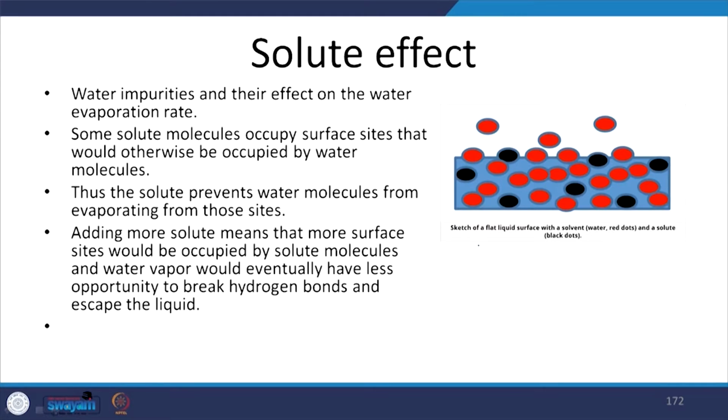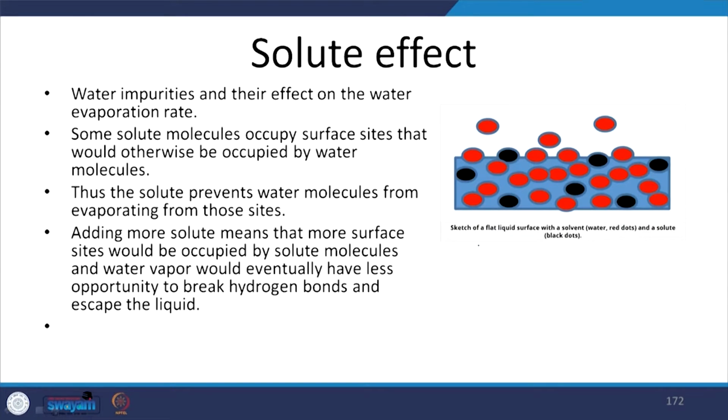Some solute molecules occupy the surface sites that would otherwise be occupied by water molecules. So, why are we interested in the vapor phase? The evaporation rate depends on the amount of condensation and the amount of vaporization, right.